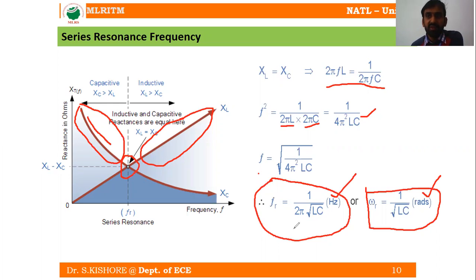If they give the frequency in hertz, you use this formula. If they give it in radians, you use the other formula for calculating the inductance and the capacitance values. Right? So this is going to be our resonant frequency formula for a series RLC circuit.